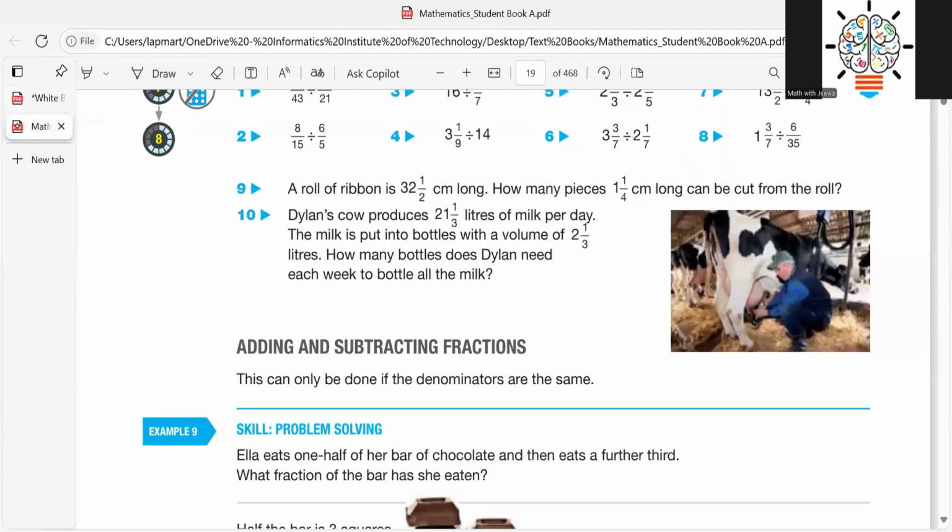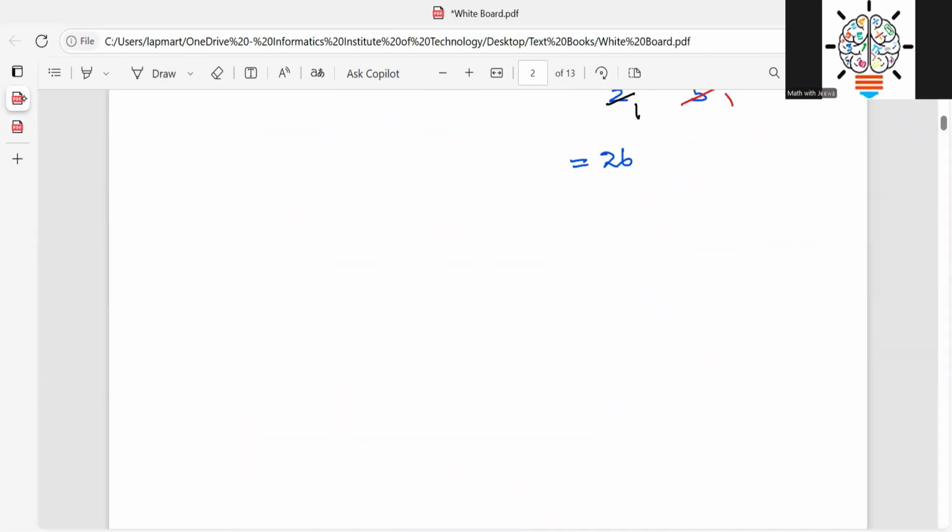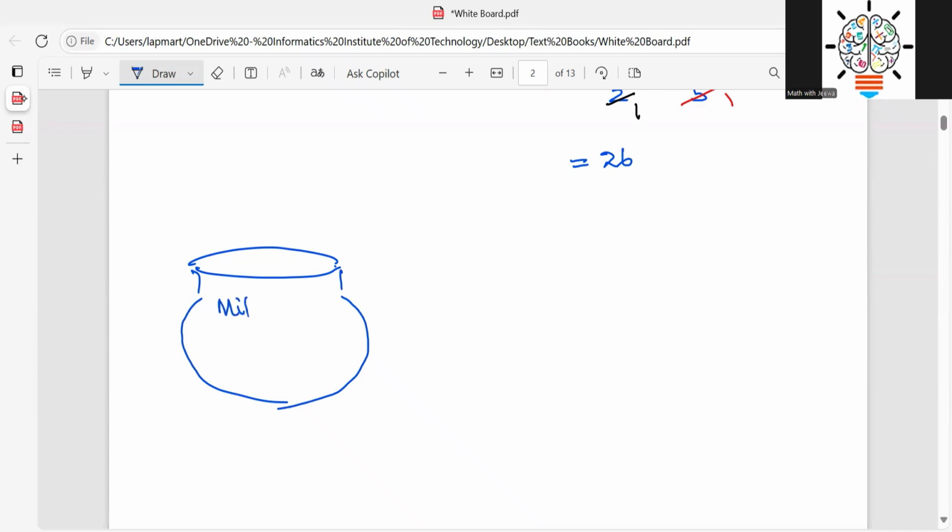It's like this. Here a cow produces 21 1/3 liters of milk per day. First of all, you want to have an idea that we collect the milk. Let's say this is the milk pot.